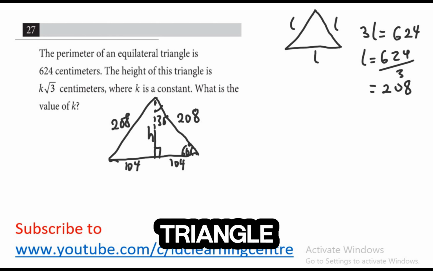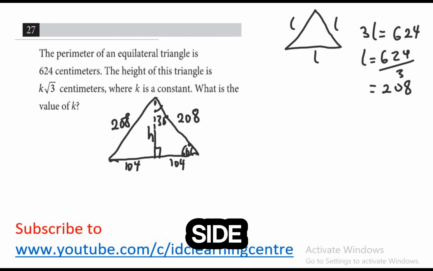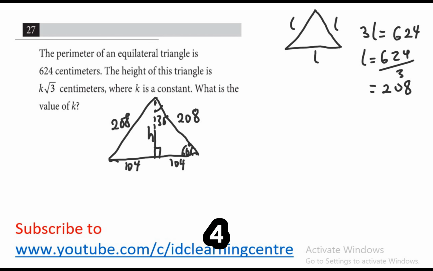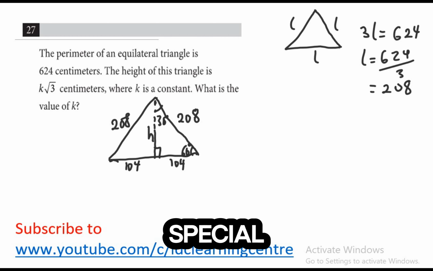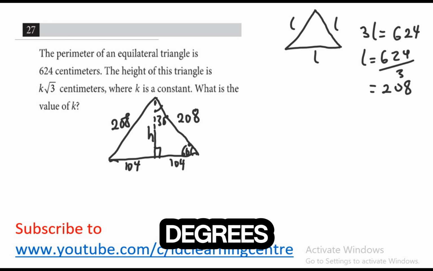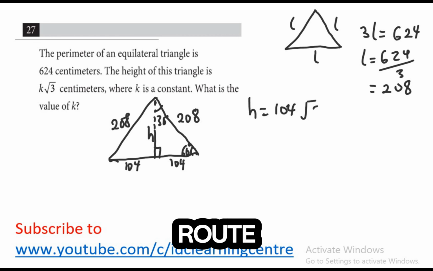For a special triangle, we can simply get the height by multiplying the shortest side, 104, by root 3. But you can also use Pythagoras theorem, h squared plus 104 squared equal to 208 squared. But you don't need to do that if you understand special triangles. So this side, h, which is facing 60 degrees, is root 3 times the side facing 30 degrees. So h is 104 root 3.